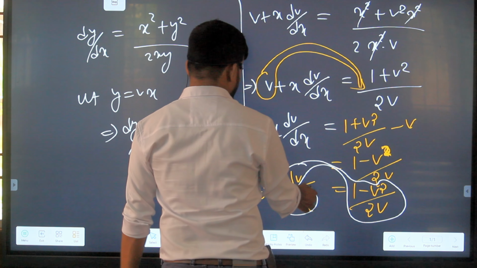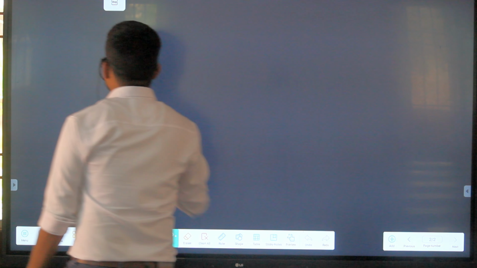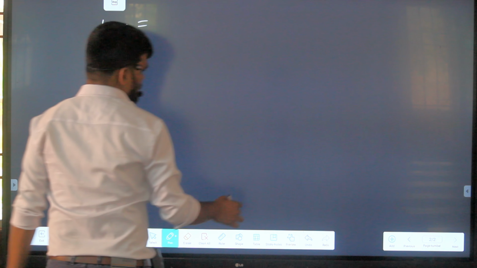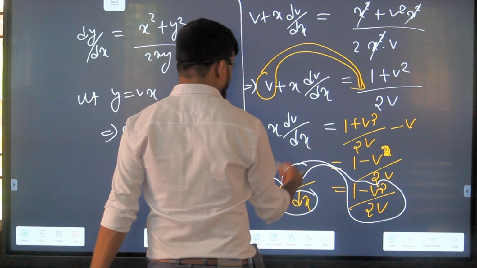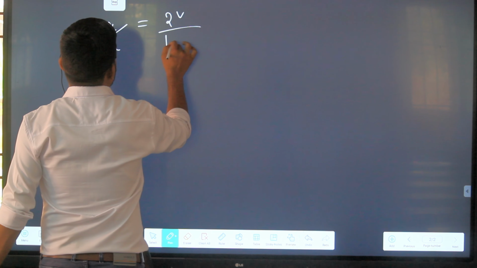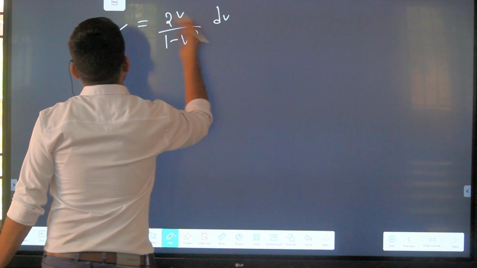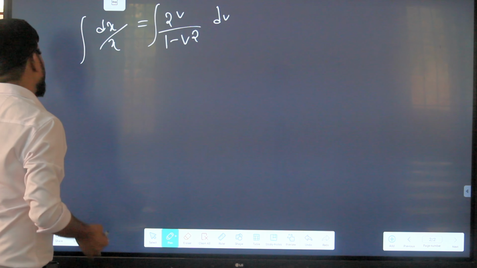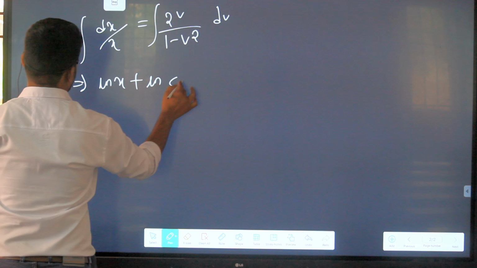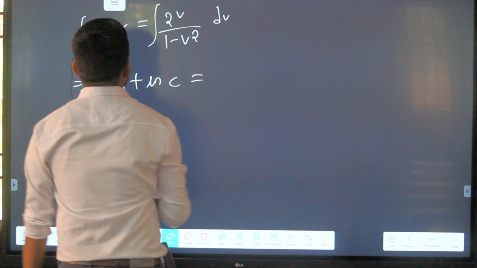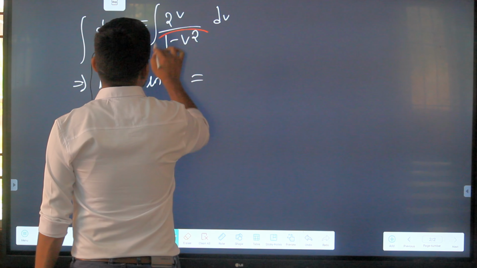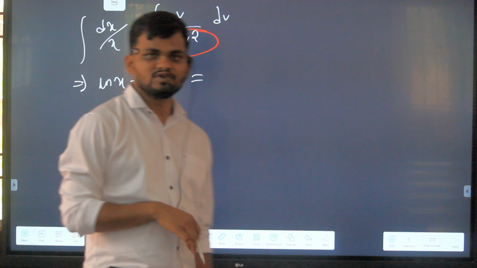So then what I got? dx by x is equal to 2v by 1 minus v square dv. Integrating, this is equal to the integration of 2v by 1 minus v square. If I take 1 minus v square as t, the derivative of minus v square is minus 2v.